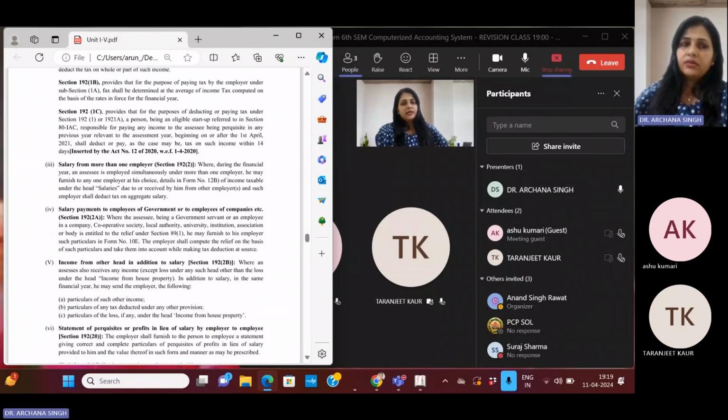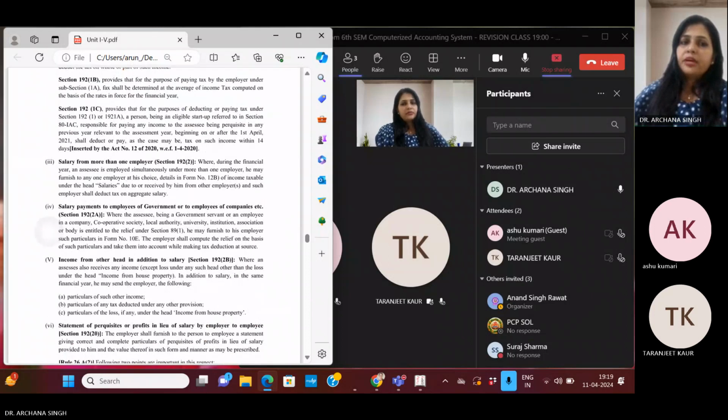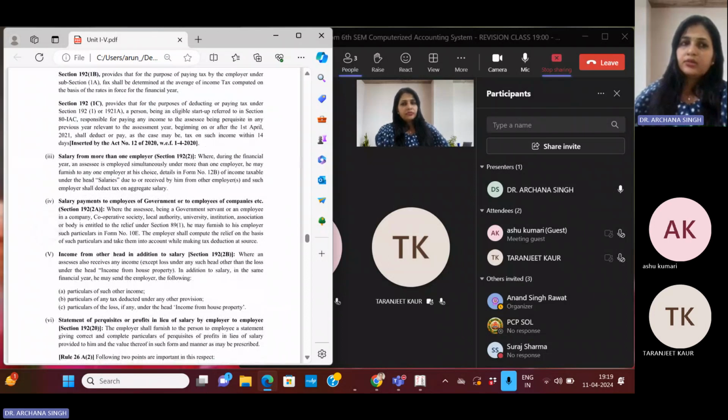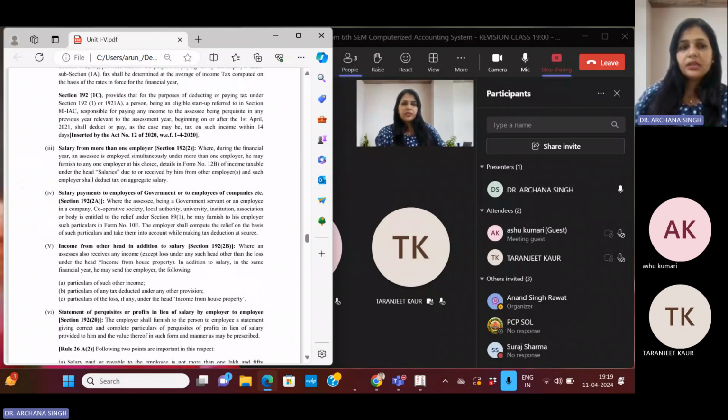And section 192 1C, what it says, it provides that for the purpose of deducting under section 192 subsection 1 or 1A, a person being an eligible startup referred to in 80-IAC is responsible for paying any income to the employee being perquisite in any previous year relevant to the assessment year beginning on or after 1st April 2021 within 14 days. Okay, so within 14 days they have to deduct or pay that.